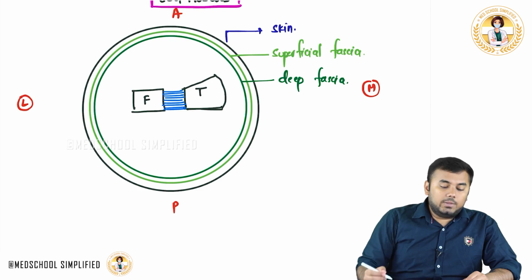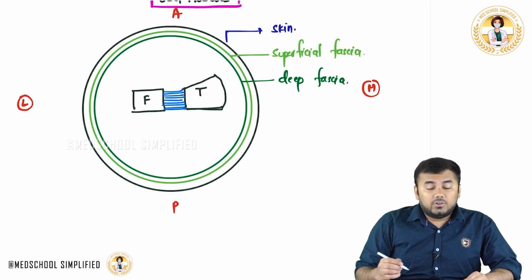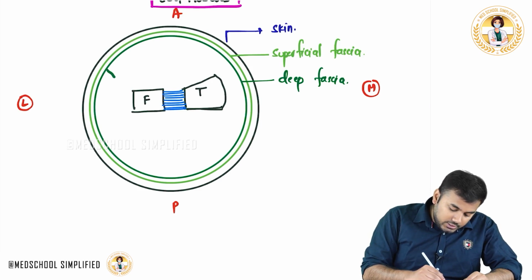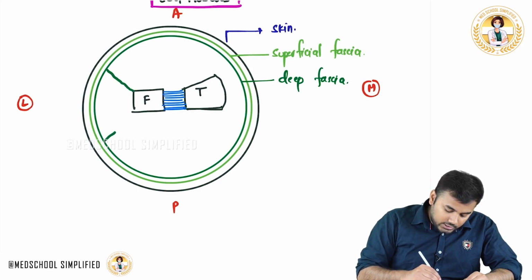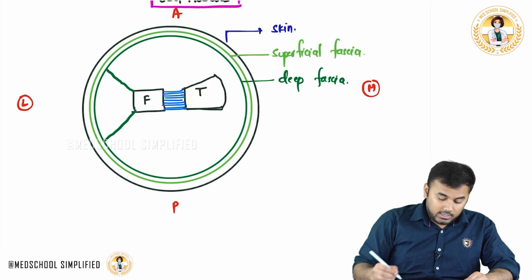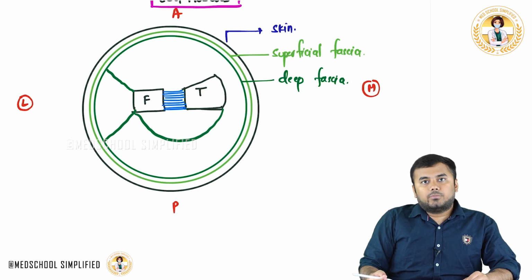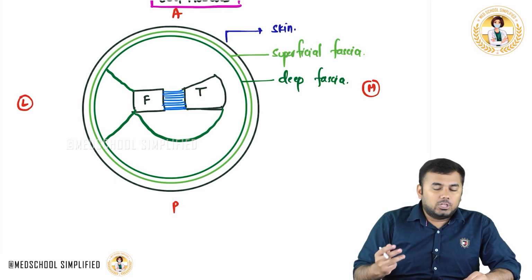Now you know that the deep fascia is the one which will divide the leg into compartments. For example, the deep fascia is attaching to the fibula here, and it is also attaching in this way. So the deep fascia has divided the entire leg into three compartments.